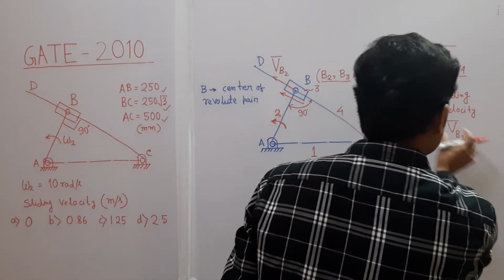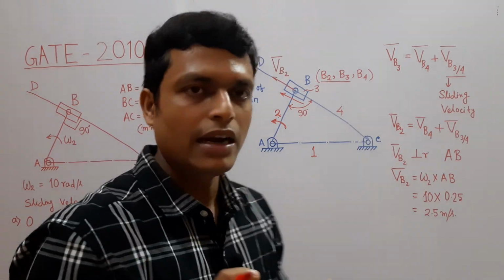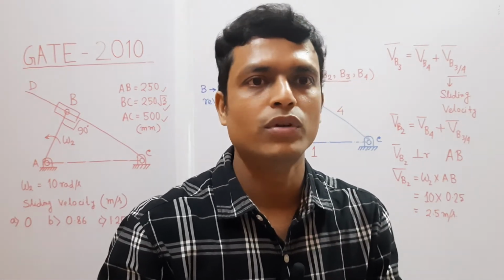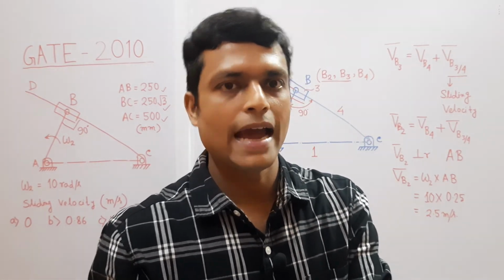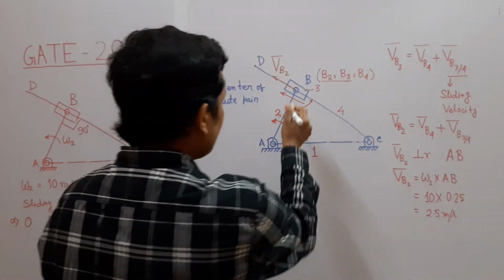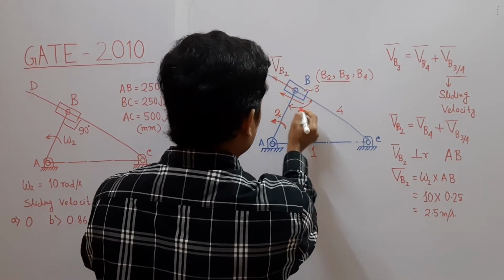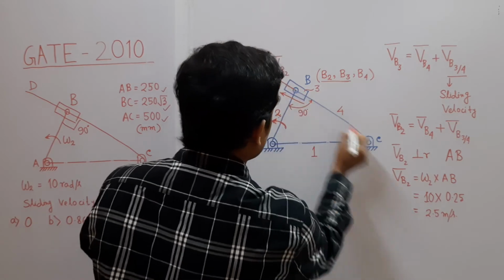And what is V3/4? That is the relative velocity of link 3 with respect to link 4 at point B, which is always along link CD.